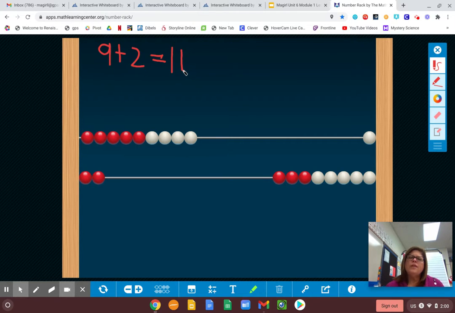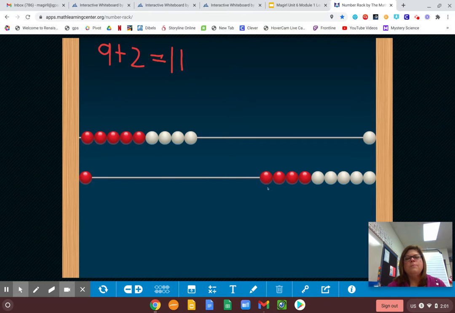But if we want to try that strategy of trading so that we have a 10 on top, I would have to move this back over so I could put this one to make it a 10. We just traded a bottom one for a top one. Now this is 10 and one more and we get 11.